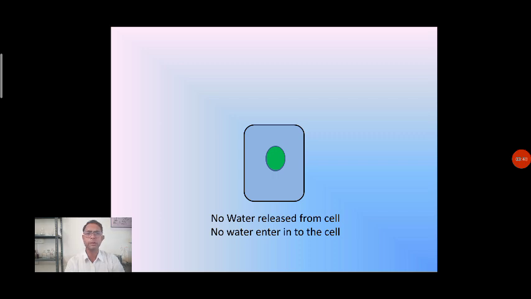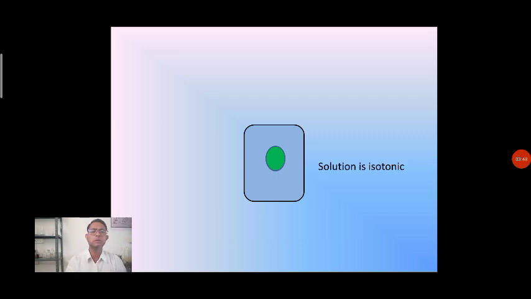There is no flow of water from the external side to the inside and from the internal side to the external side. So this solution is known as an isotonic solution, when the concentration of the solution is similar to that of the internal cell solution or internal cell concentration.